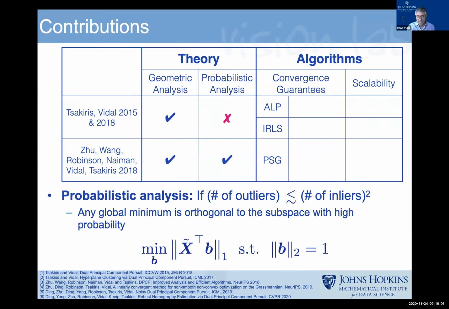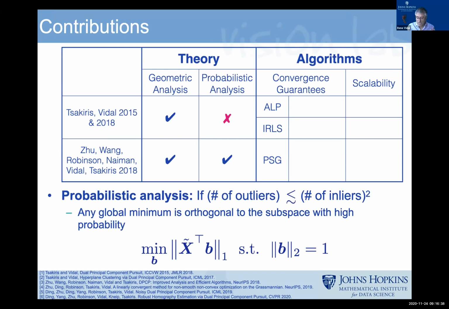And now you ask the question, is the global minimum to this problem equal to the true normal with high probability? And what percentage of outliers can you tolerate? The type of analysis I'll be showing is that you can tolerate a very large number of outliers relative to all other methods. Particularly, as you can see here, the number of outliers is on the order of the square of the number of inliers, which is a very high number.